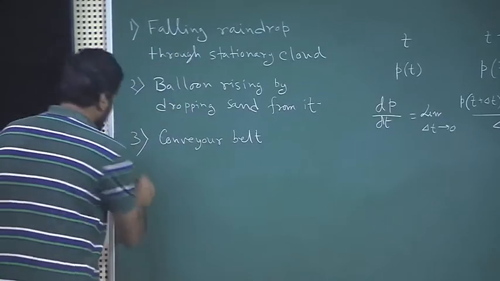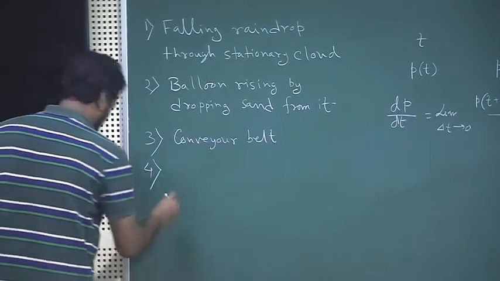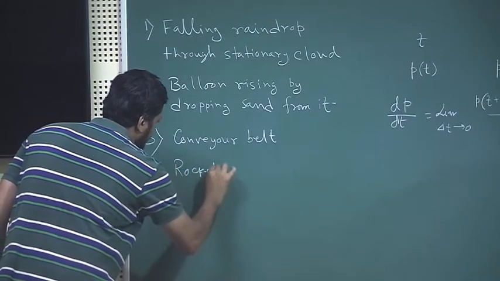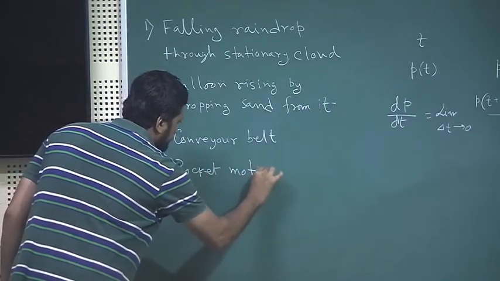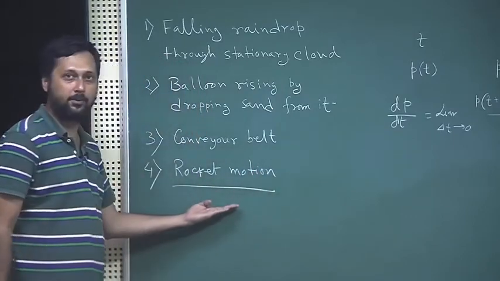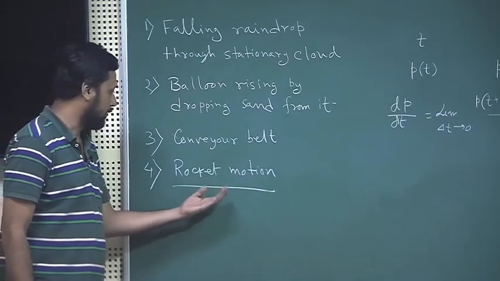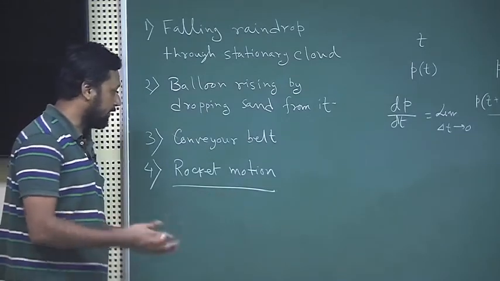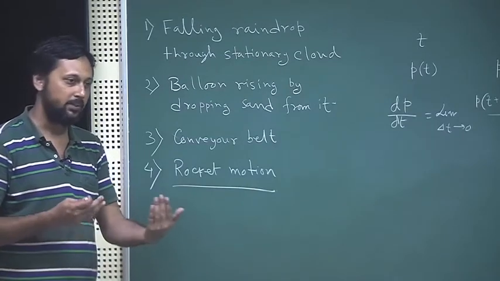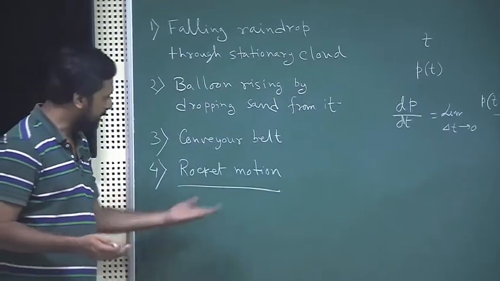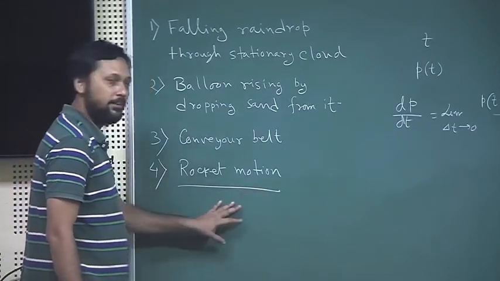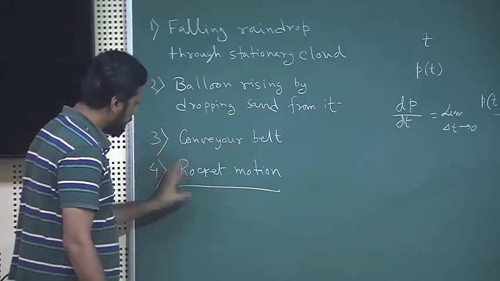And the fourth and probably the most important system which we are going to study is rocket motion. Now, rocket motion is a rather elaborate treatment, because here we have to first establish the equation of motion, then we have to study the cases with and without gravity in detail, and there are many outcomes, so once we solve the equation we will see many interesting things coming out. So, we will keep this for the last.